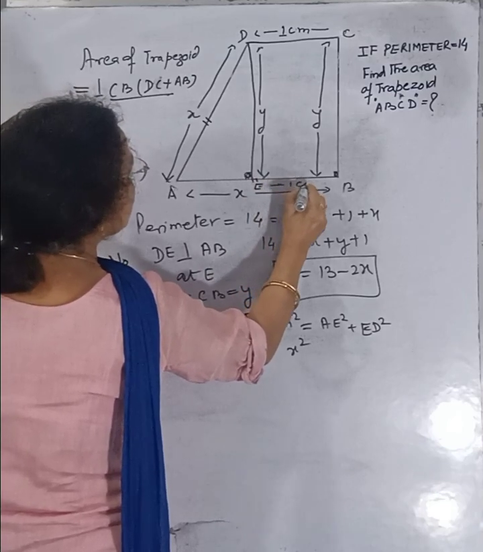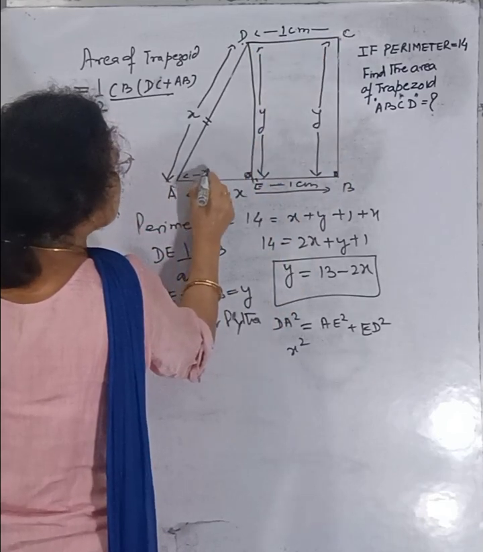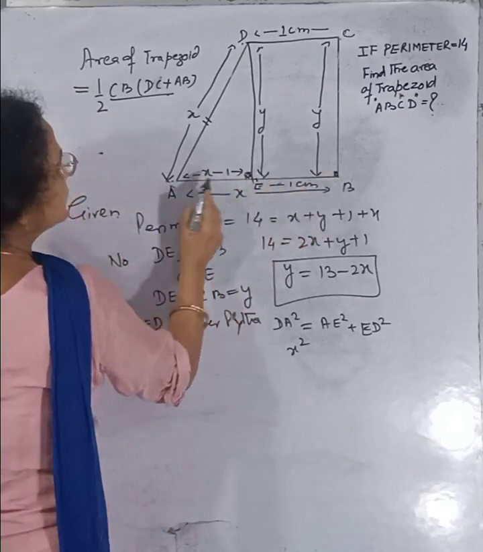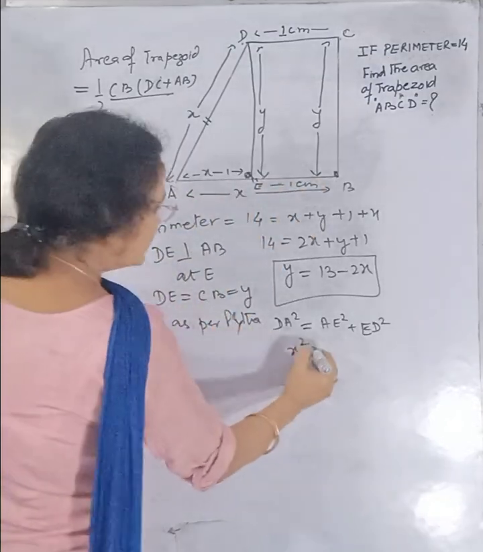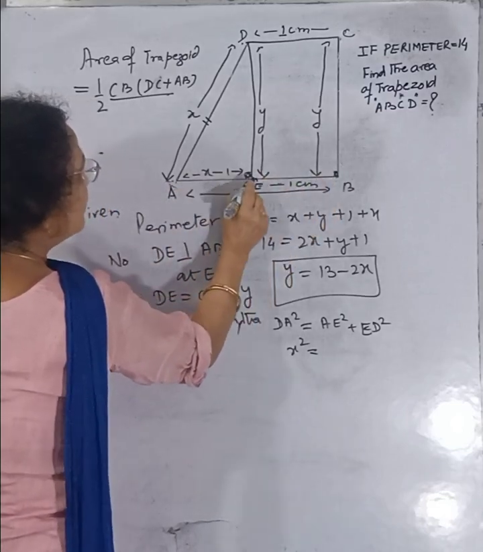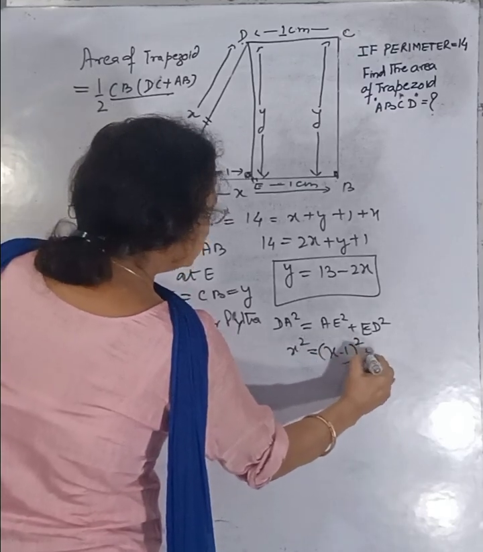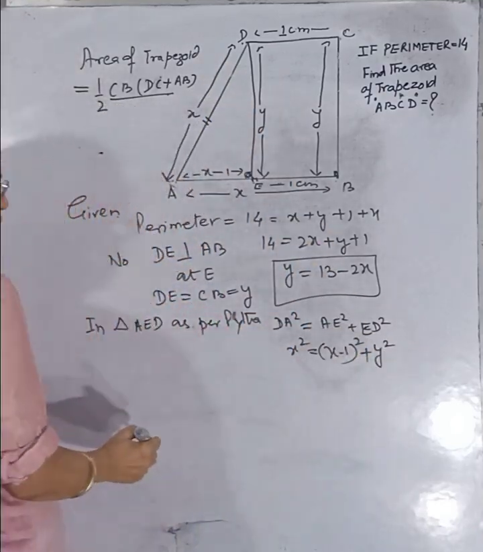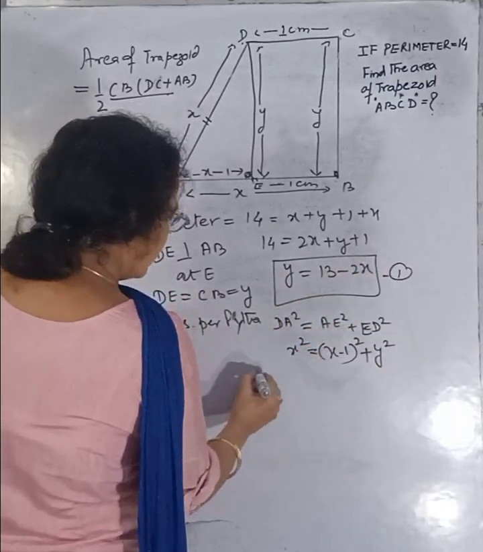This is equal to 1 centimeter, because DC is equal to EB. It means this portion becomes x minus 1. Is it clear? This total was x given to us, out of which this is 1. So AE will be equal to x minus 1. Then x square is equal to (x minus 1) whole square plus ED square, and ED is equal to y. It means this is another equation between x and y. This is number 1.